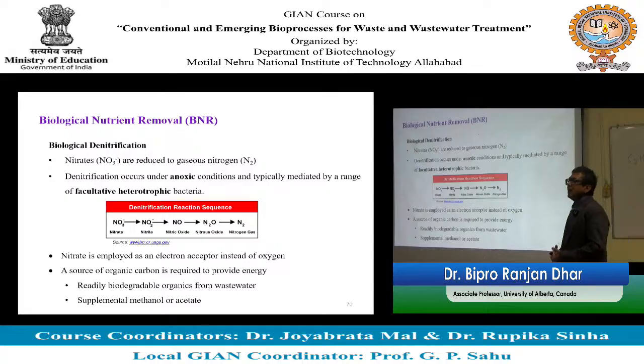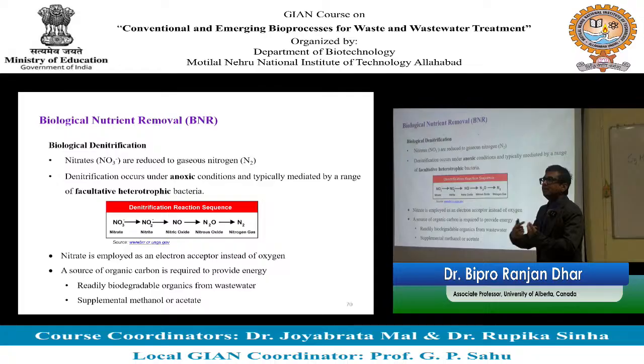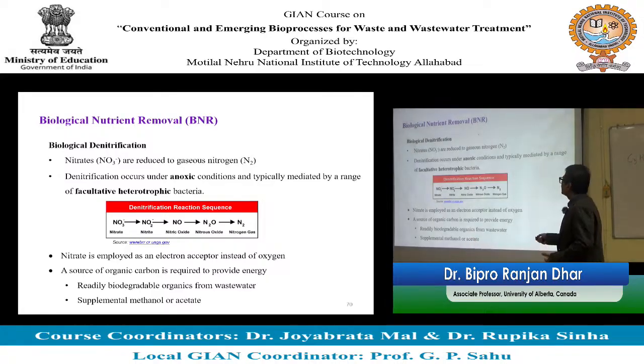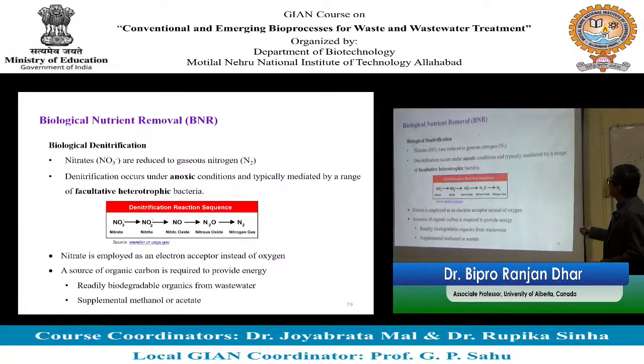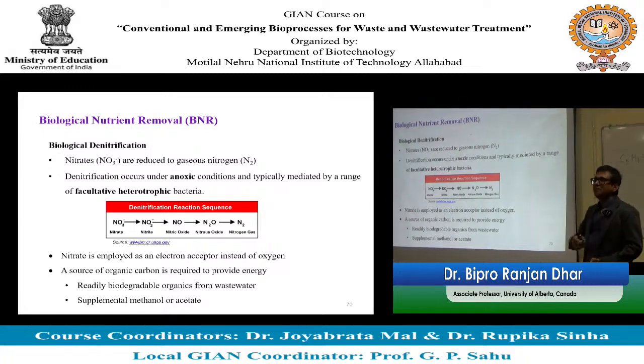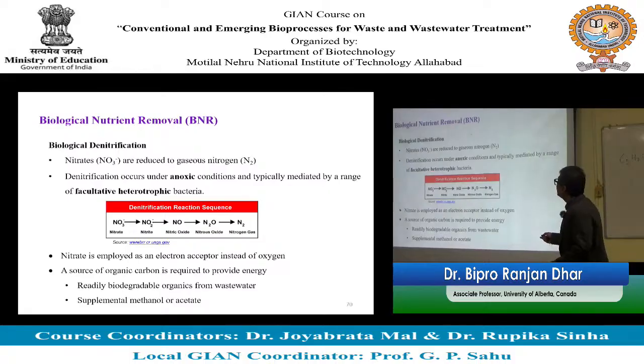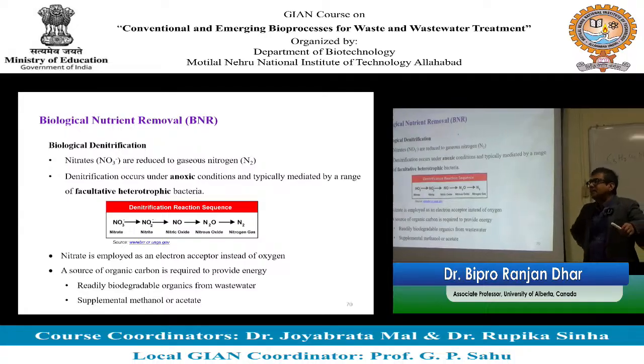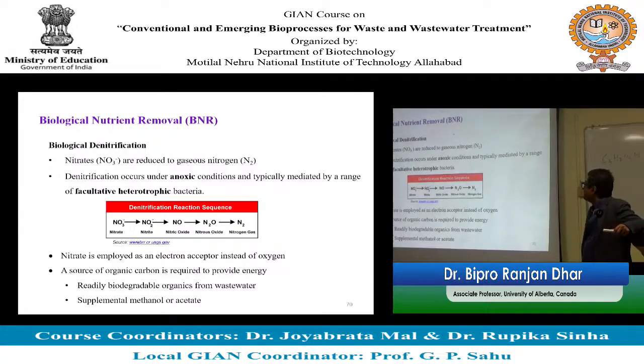So I need to provide an electron donor, right? Because the electron acceptor is nitrate and they are heterotrophic microbes, we call them facultative heterotrophs.